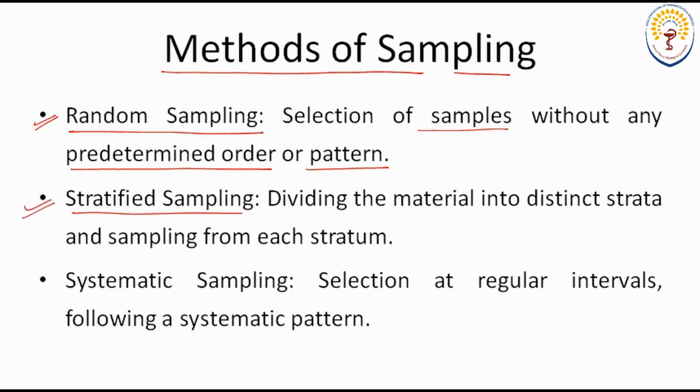Now stratified sampling means you have categorized the material into distinct strata, or you can say that you have categorized your sample into different categories. And now when you have defined it into different categories, you take the sample from each category. That is how you perform stratified sampling.